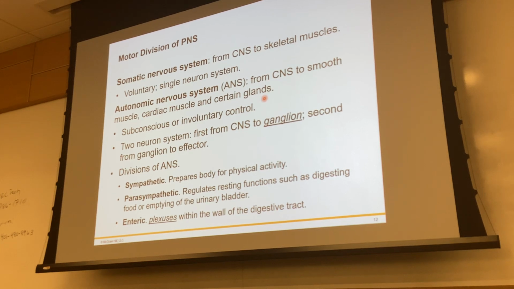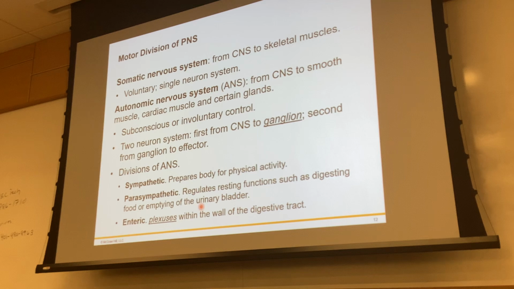In contrast, the autonomic nervous system is very different. It has largely subconscious or involuntary control. And it has different types of structures there. The sympathetic division is set up for one response. The parasympathetic division is set up for a different response. Those are the fight or flight or rest and digest.